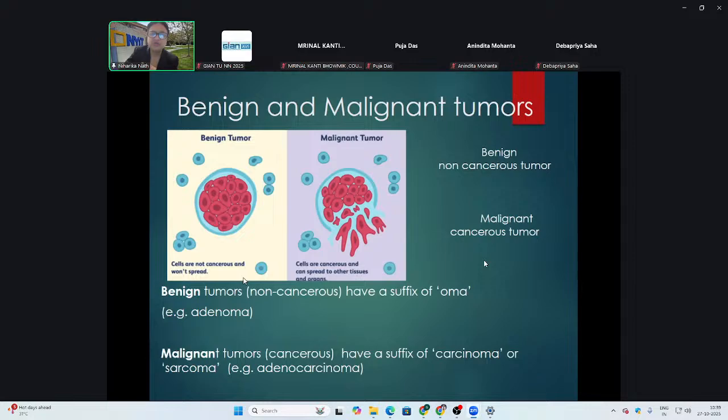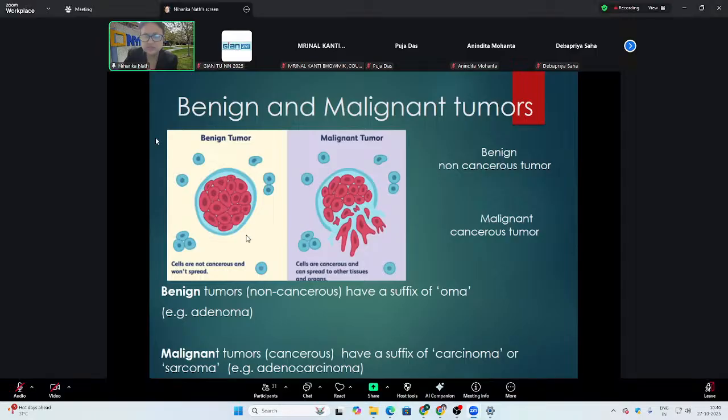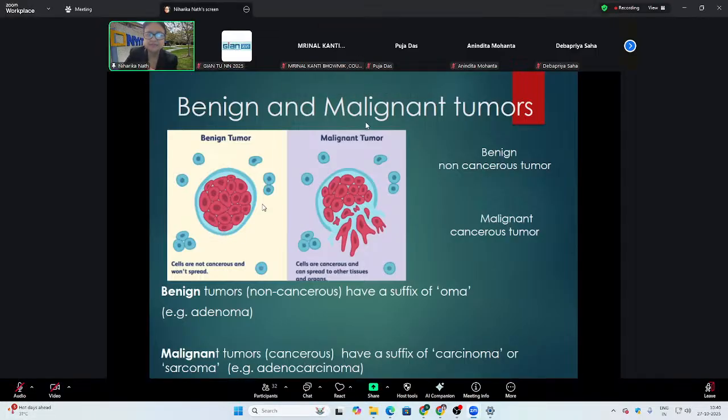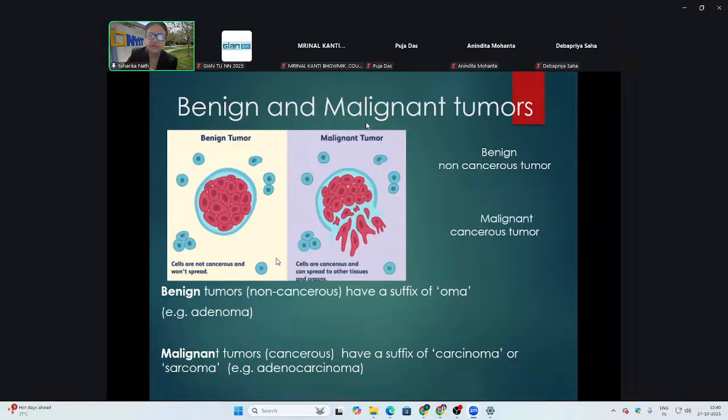It is not able to break certain kinds of membranes that are holding it. In this case it's a circle, but it's not always a circle. It can simply be a lining, or an extra membrane here. So they are not able to spread. They are really contained. But a malignant one is able to spread.